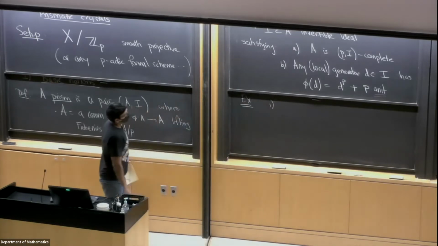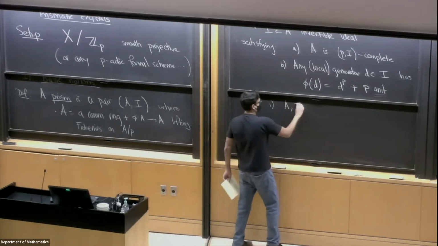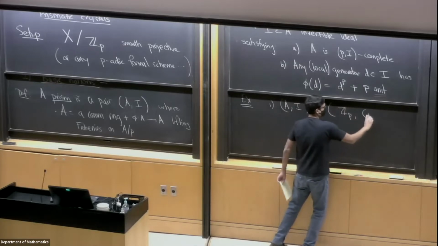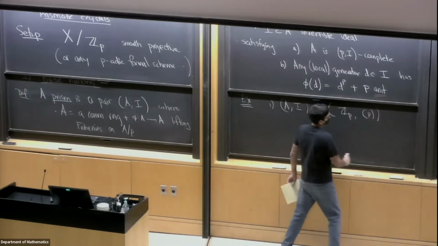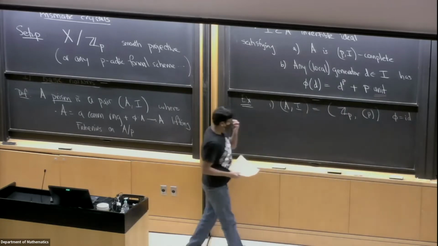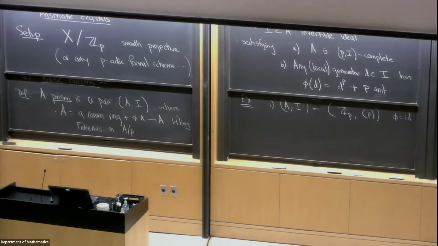So the most basic example is you just take the ring of p-adic integers itself, take the ideal generated by p, and phi is the identity map. So the identity on Z_p mod p, which is F_p, is also the Frobenius by Fermat's little theorem.